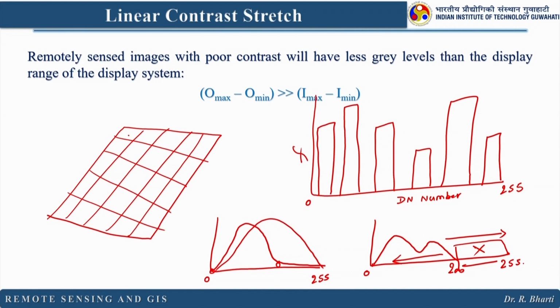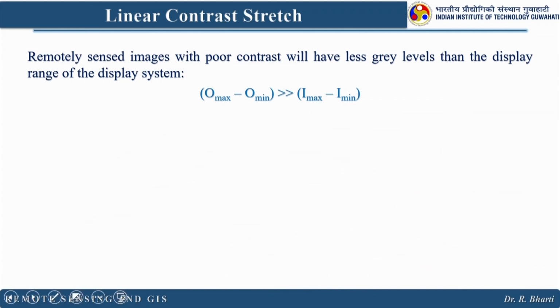Then it will utilize the full available range of the display system, right. If you see here, O max minus O min is greater than I max minus I min, where I is the input image and O is the output image. If this is the condition, the output image range will be greater than this, so the range will be more in the output image.